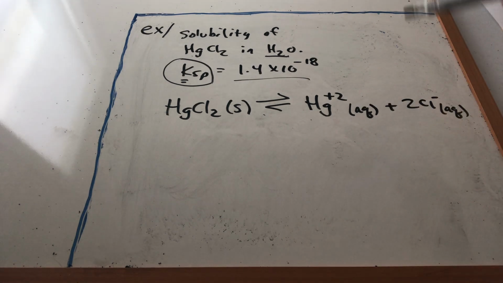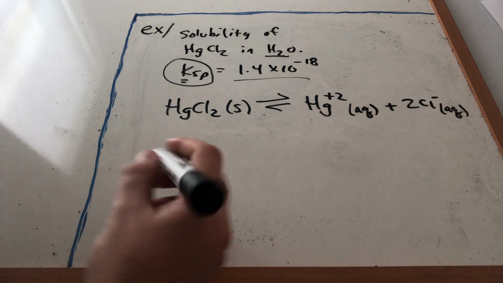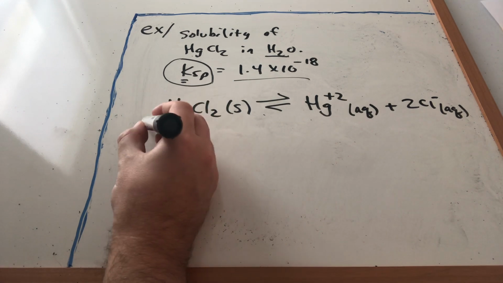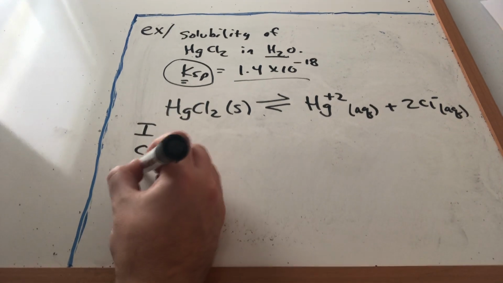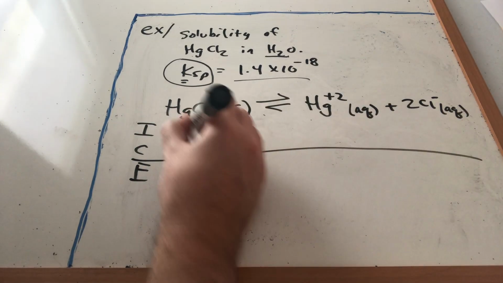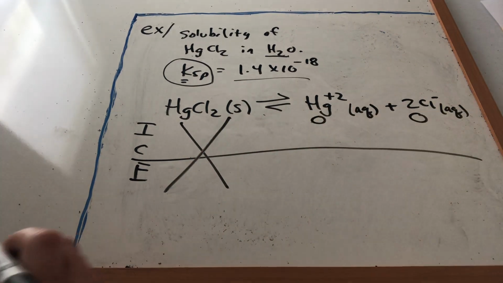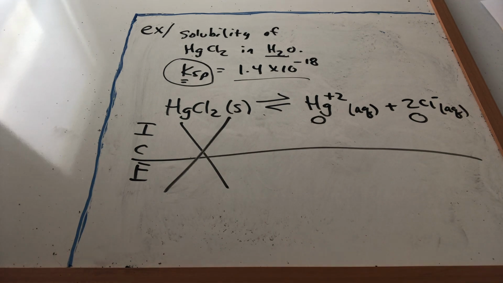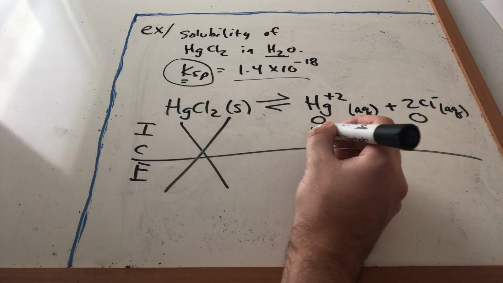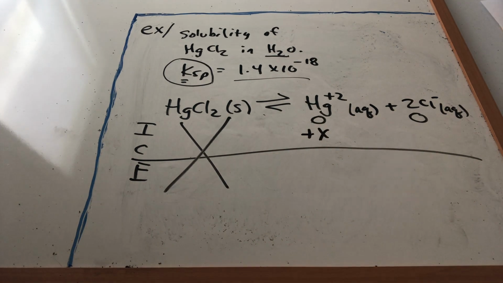So again, back to environmental implications, mercury is not good to ingest, it does other things to the environment, all right? So trace amounts of this actually might be harmful. So we might need an accurate way of getting those trace amounts. Set up our ice table. Q is equal to 0. Q is less than K, right? We're going to move in this direction.